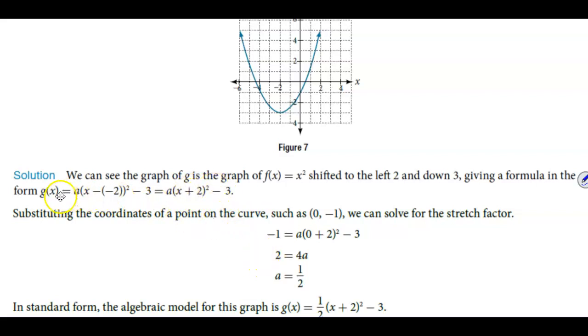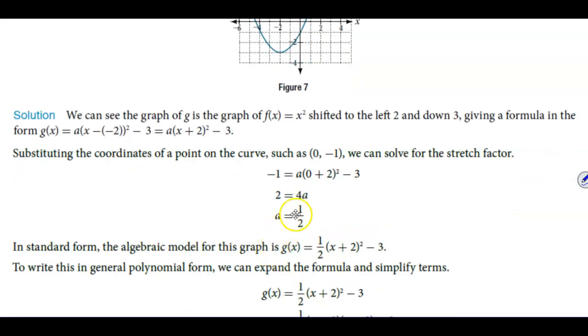So g(x) = −1 = a(0 + 2)² − 3. And this allows us to solve for the value of a. So we get 2 squared, which is 4, times a, and if we add 3 to this side, we get 2. And then we divide by 4, and therefore the value of a is equal to 1/2.